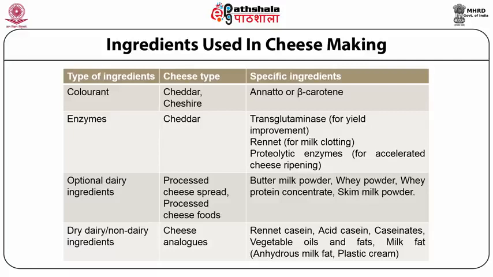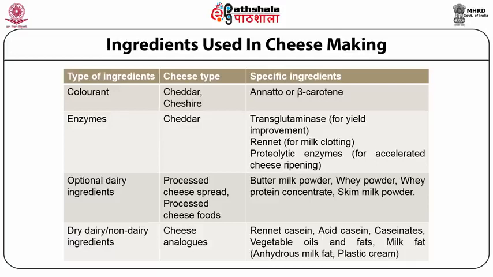If you feel that the casein content of the milk used is a little lower, and even the yield of the cheese is going to suffer, you can increase the protein content, that is the casein content of the milk, by addition of either some skim milk powder, even caseinates, or even the whey protein concentrates. Some cheaper milk solid sources like whey powder or buttermilk powder, obtained from whey and buttermilk respectively, can also be used because they are again obtained from the milk itself.